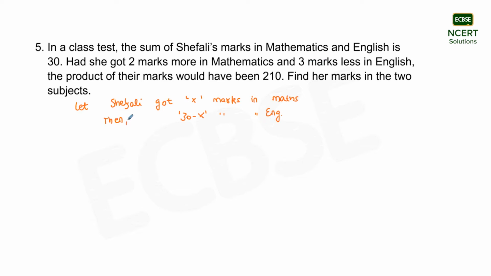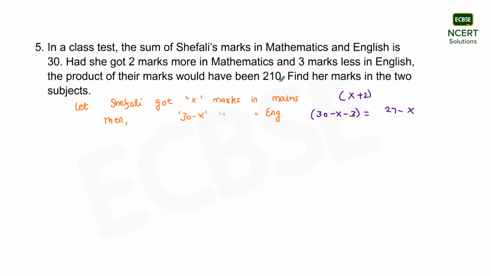Had she got 2 marks more in maths, the marks she would have obtained in maths would be x plus 2, that is 2 more than the marks she obtained now. And 3 marks less in English means 30 minus x minus 3, which is equal to 27 minus x.